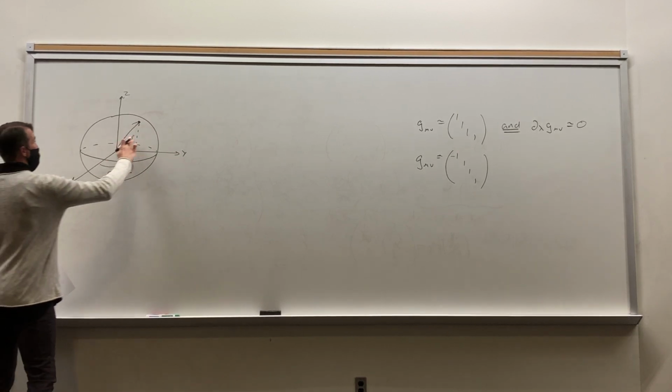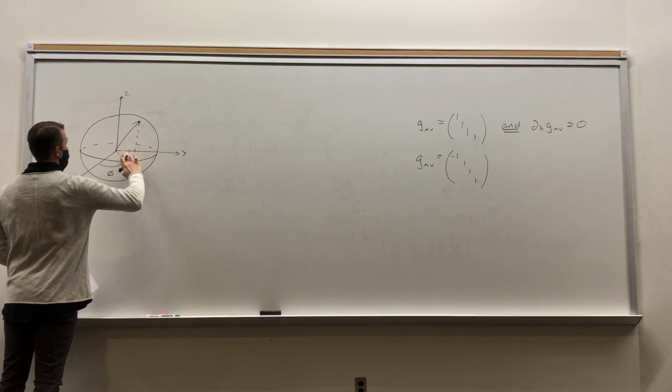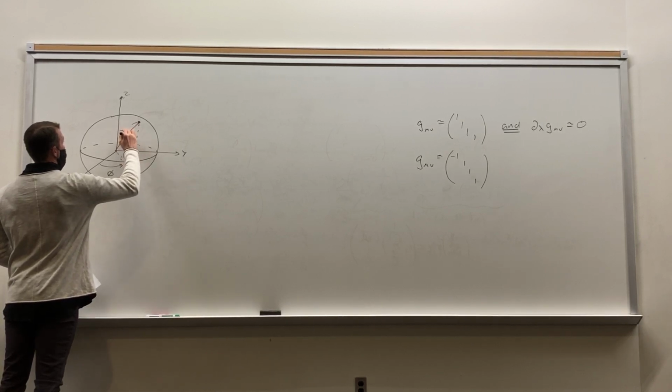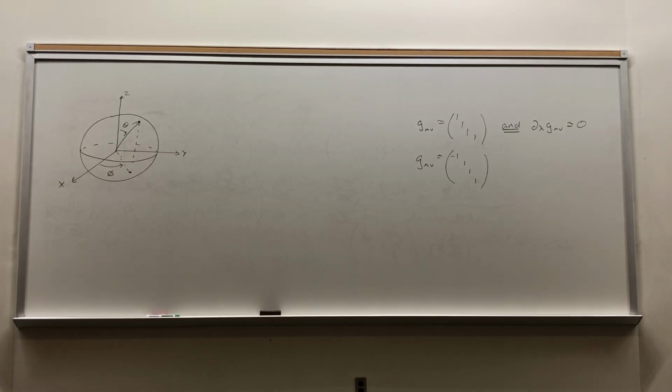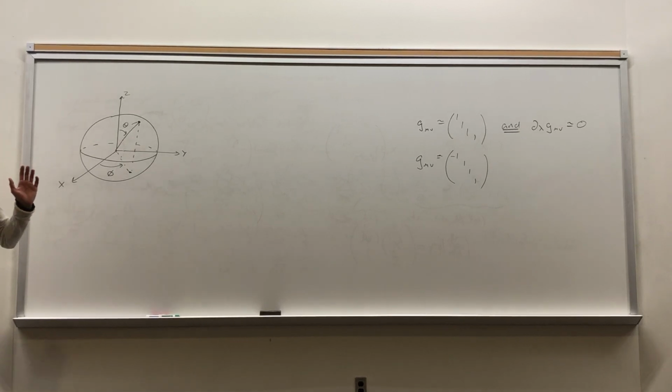Oops, nope. Theta comes from the North Pole. So you should all be somewhat familiar with polar coordinates, spherical polar coordinates. And of course, there's no r coordinate here because we're only looking at the surface of this sphere, so it's got a fixed value of r. So we don't need to worry about r as a coordinate.